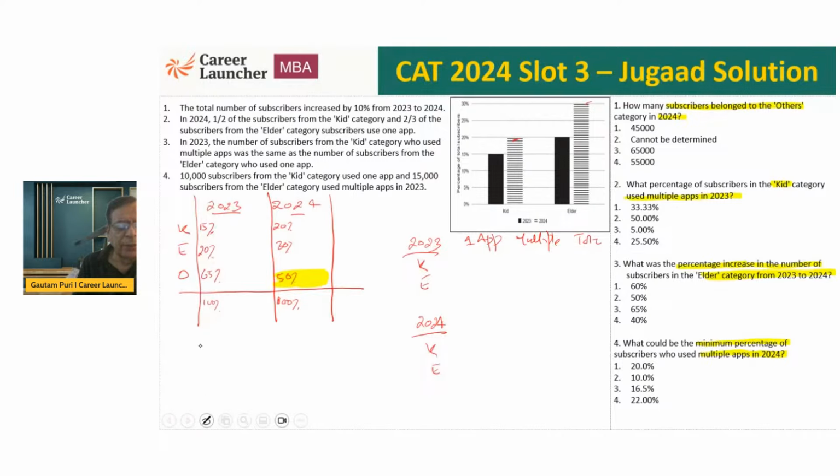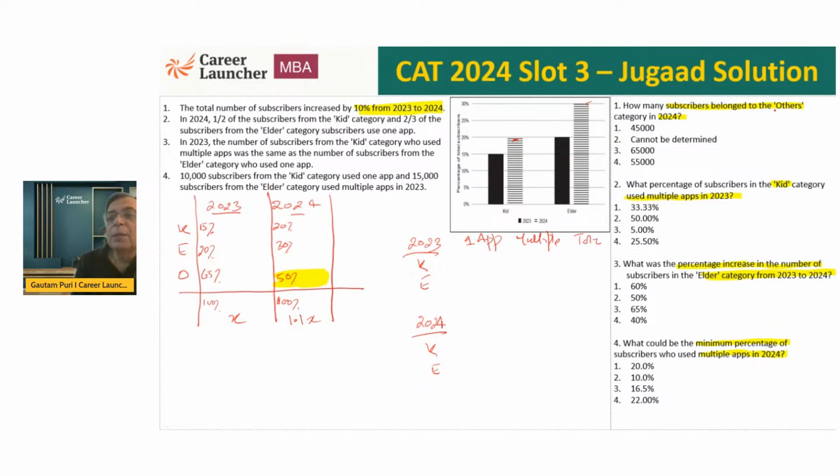So let's get started. Statement 1: the total number of subscribers increased by 10% from 2023 to 24. So if the number of subscribers in 2023 happens to be X, the number of subscribers in 2024 should be 1.1X, because it has increased by 10%. Now go back to question 1. What was asked?